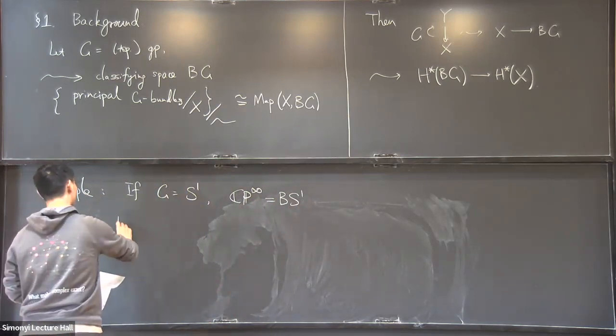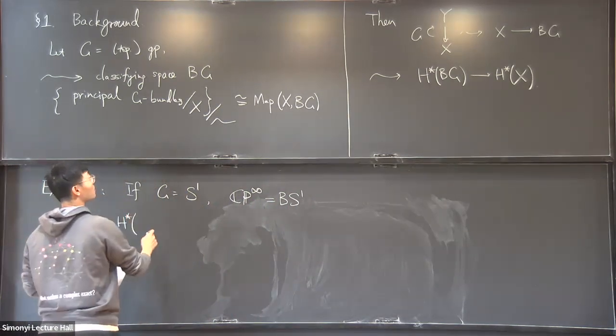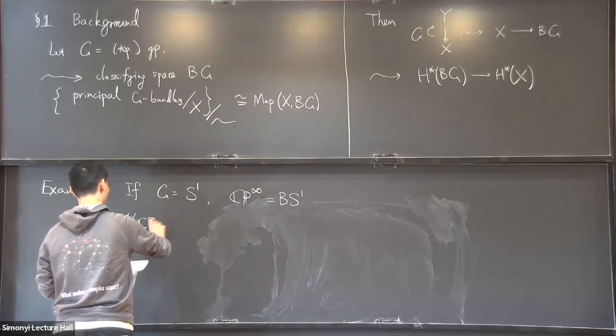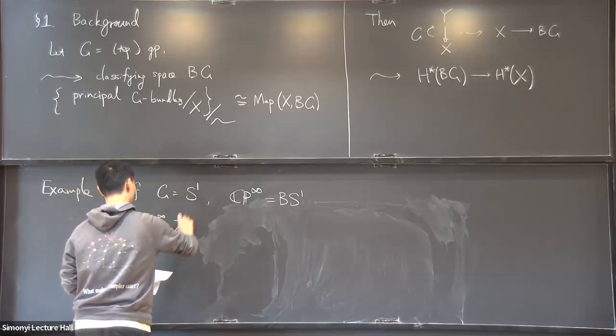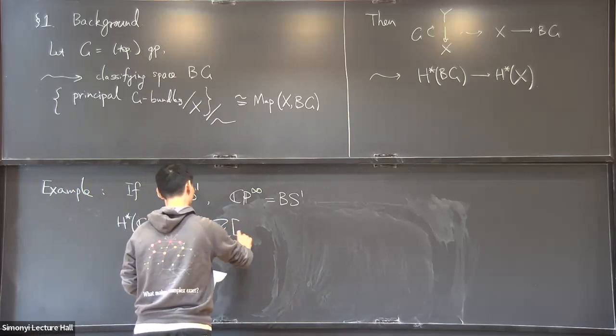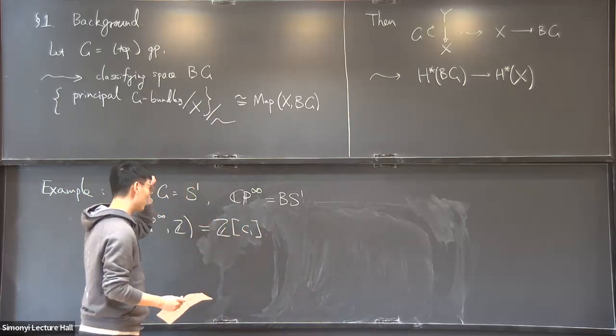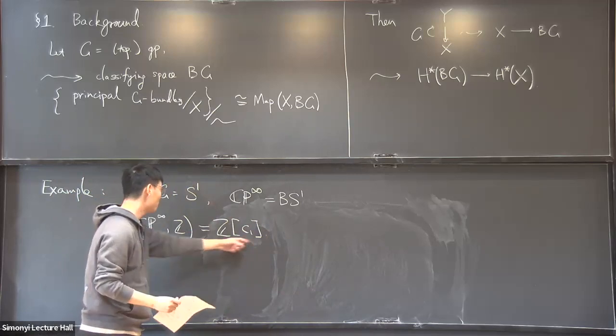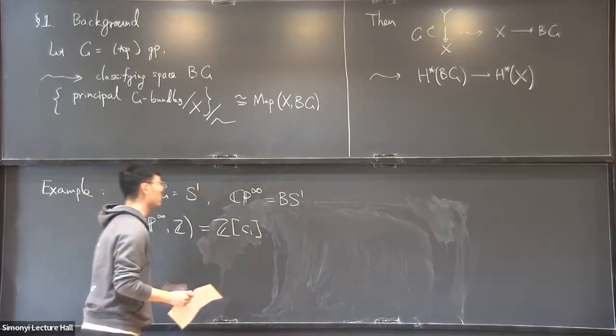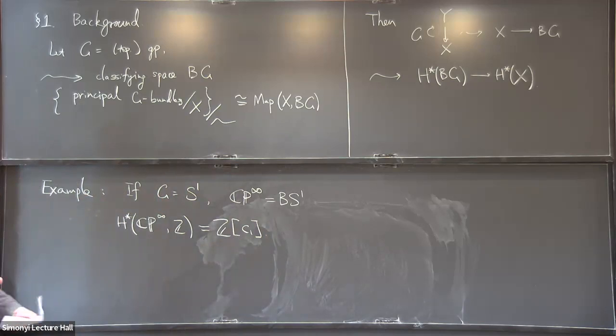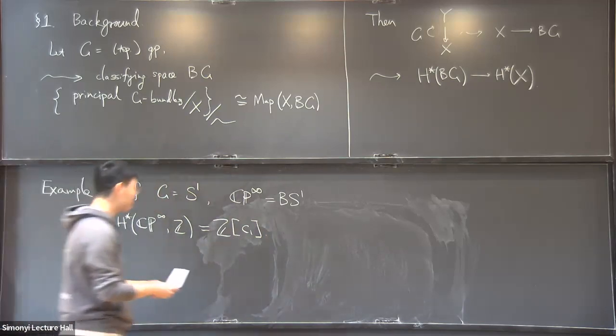And then we know that the singular cohomology of CP^∞ is nothing but a polynomial ring with Z coefficients, and the generator is the first Chern class of the line bundle.